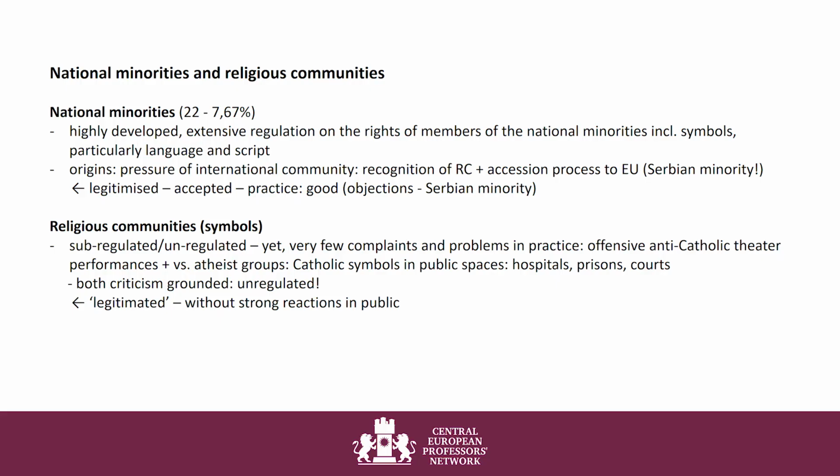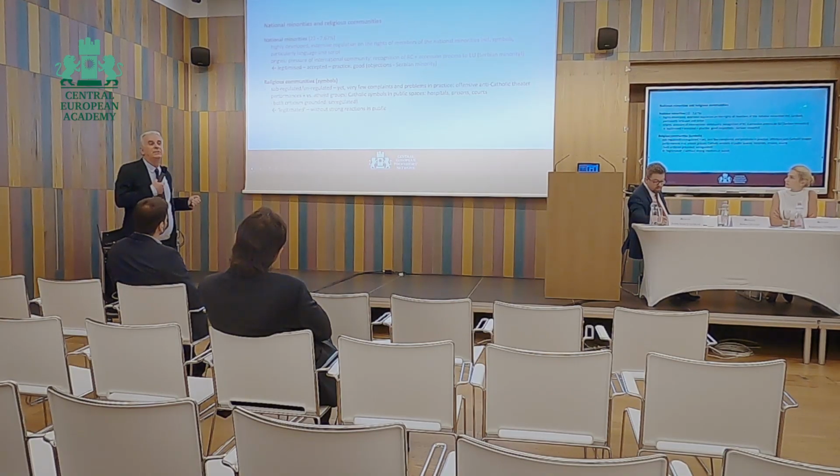Now let's see briefly about national minorities and religious communities. National minorities are less than 8% in Croatia, 22 of them constitutionally protected. The regulation of national minorities is highly developed, very extensive, on the rights of members of national minorities, including symbols, particular language and script. What is the origin of that? It's not autonomous, as you may understand.